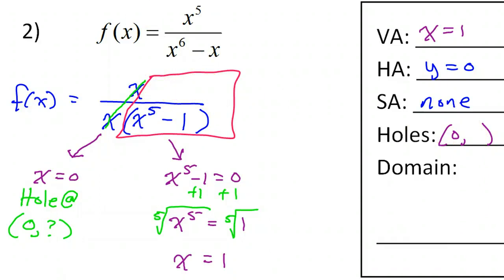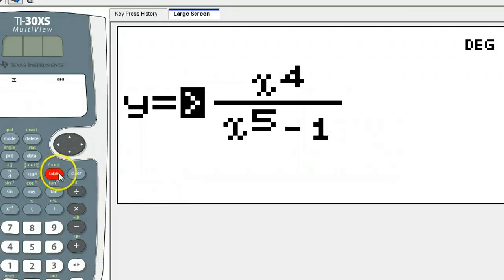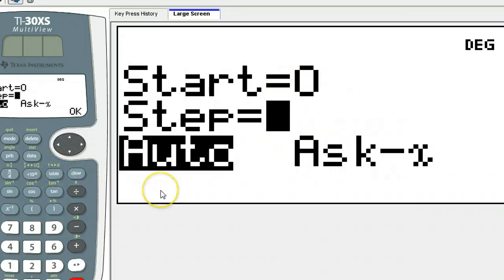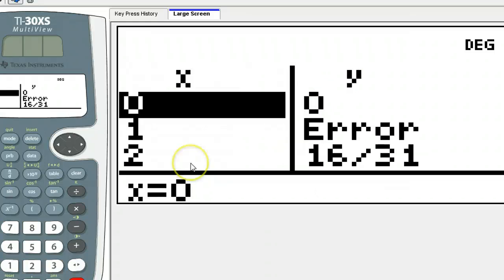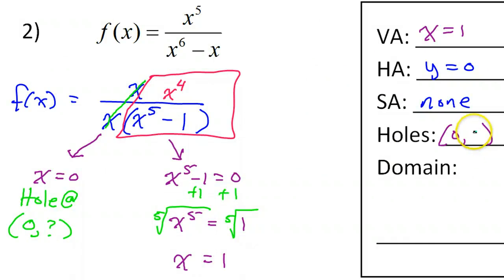I'm just going to put this back to x to the 4th power over x to the 5th power minus 1. Okay, so this is how I would type that in. And then might as well just start at 0 since that's what we're interested in. Okay, so I've got 0 comma 0. So that's the hole.